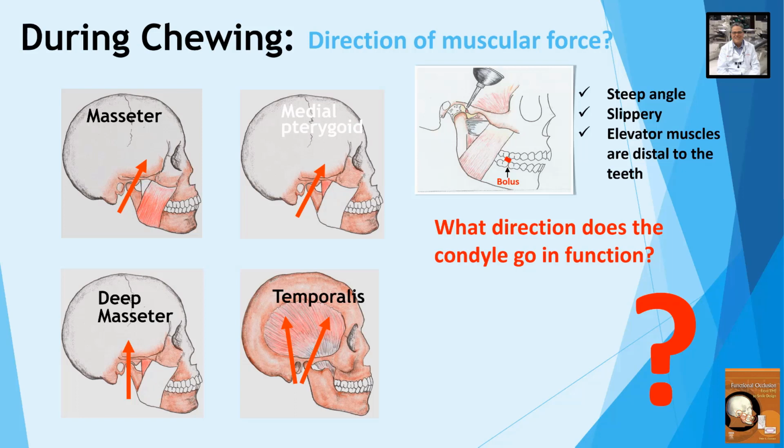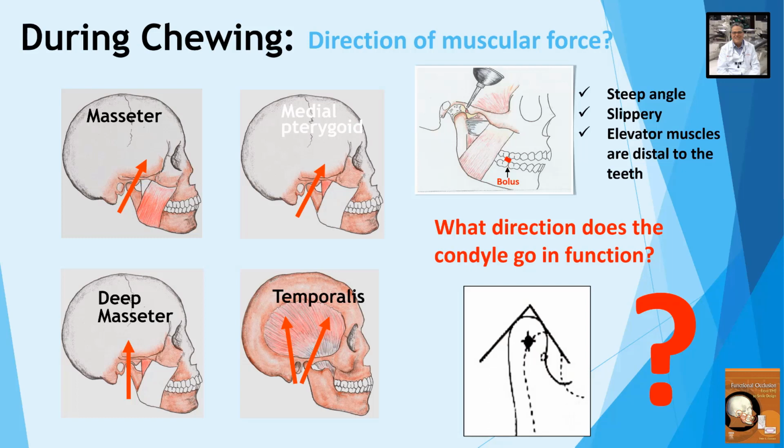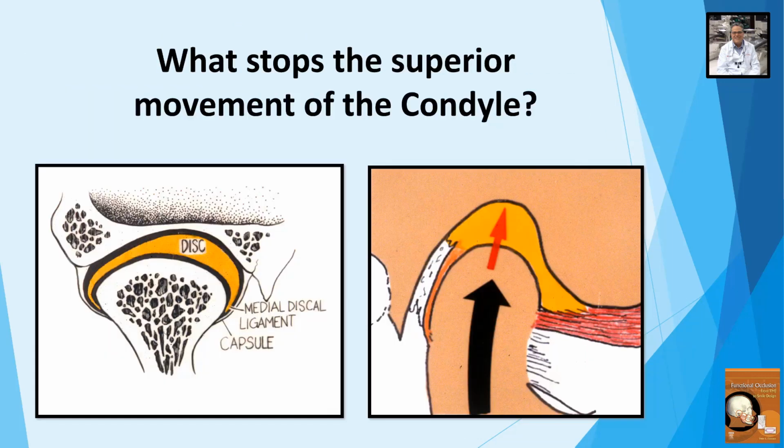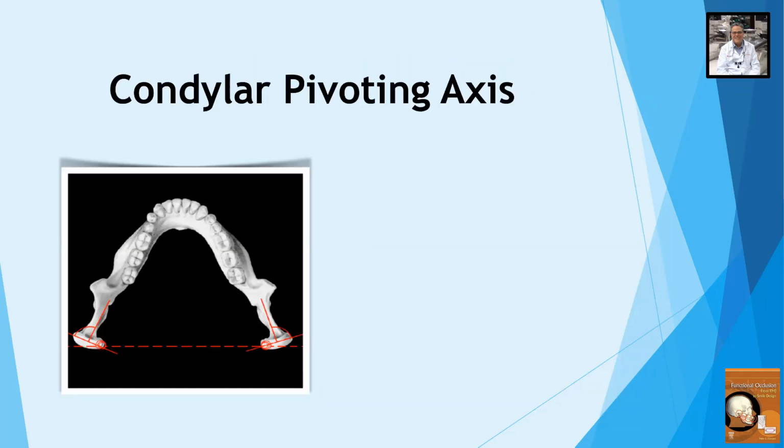And so what direction does the condyle go? Well, if we look at this picture here, the dotted line is somewhere down the eminence, and when squeezing occurs, that condyle will pivot around that food until it stops in the most superior position. So the question is, what stops that superior movement of the condyle?